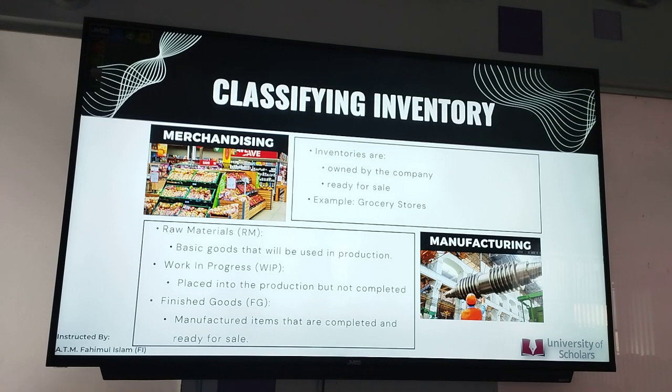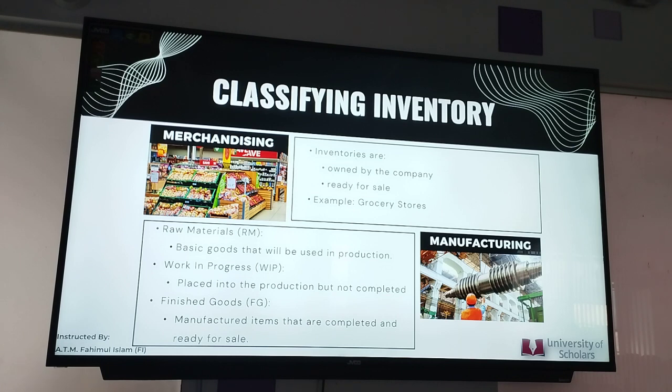And if we give an example of the automobile industry, they buy engines from different companies, they buy leathers from different companies, they buy transmissions, and different types of products which they use in their final product.